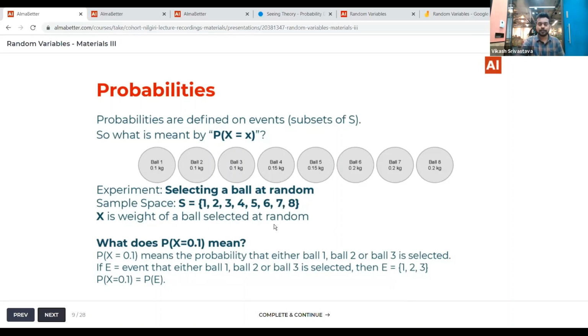We can write P of capital X is equal to 0.1 is equal to P of E, the event that either ball 1, ball 2 or ball 3 is selected, because each of these balls has the weight 100 grams. This is how we denote the probability. So this is the concept.